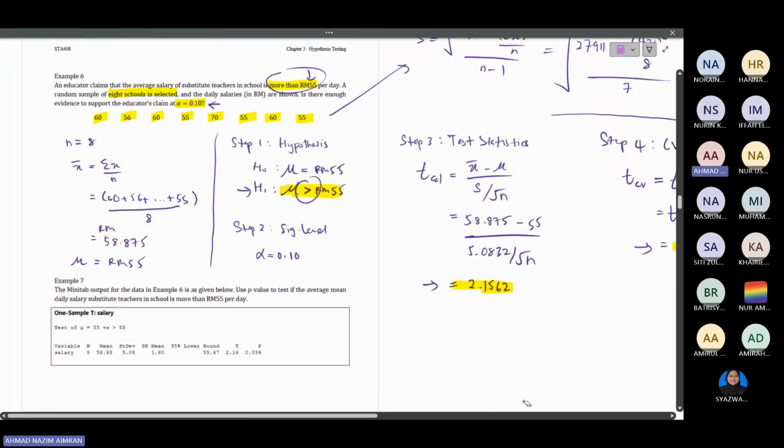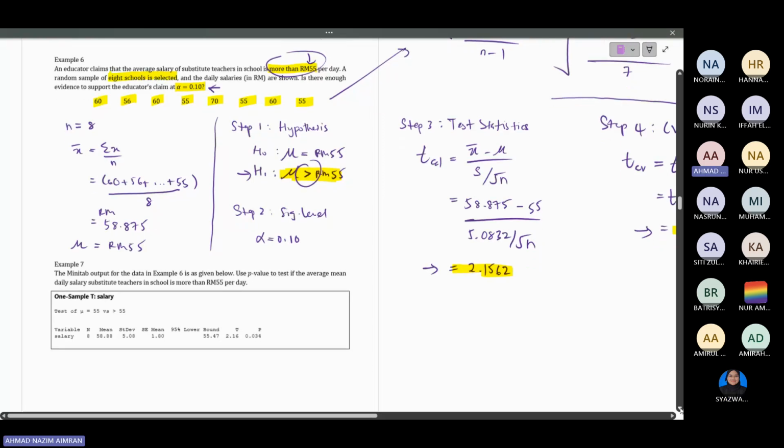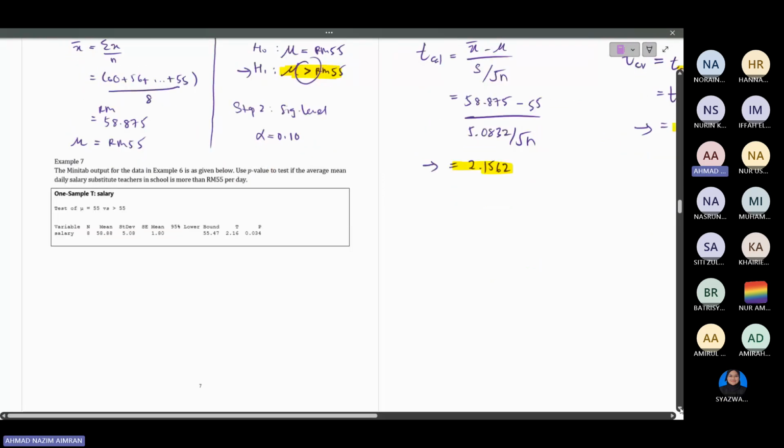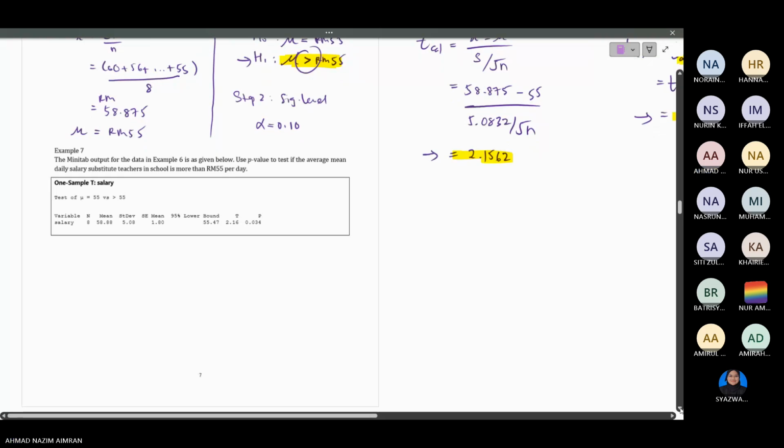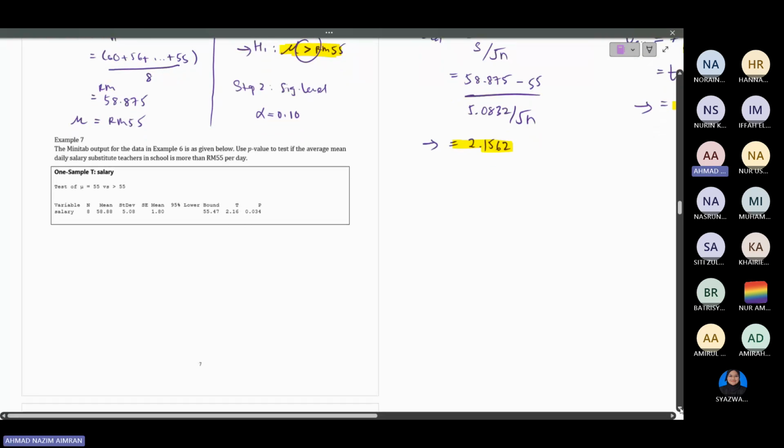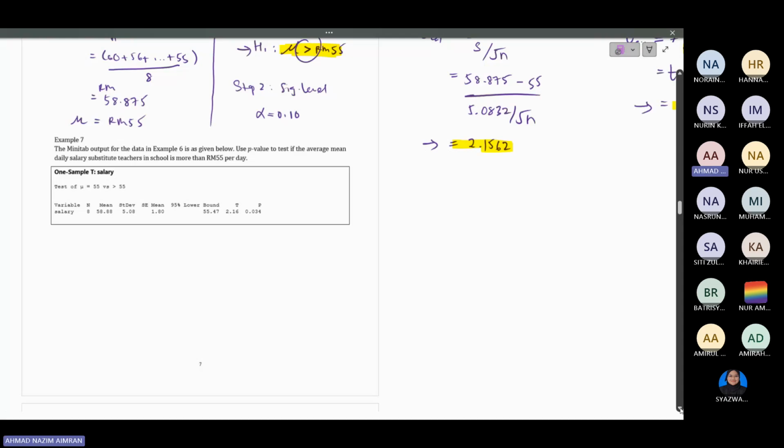Any question? No question? Okay. If there is no question, I will leave example 7 for you guys to solve by yourself. Please read the question carefully. Please read the output carefully.